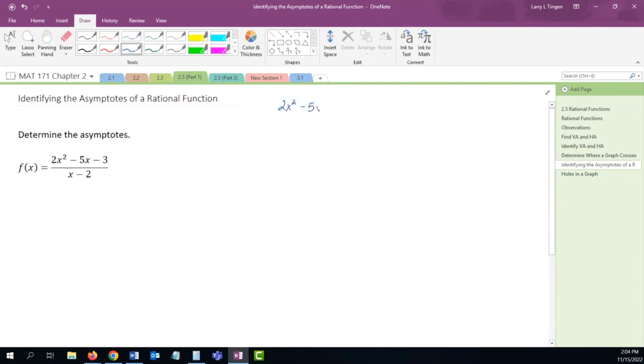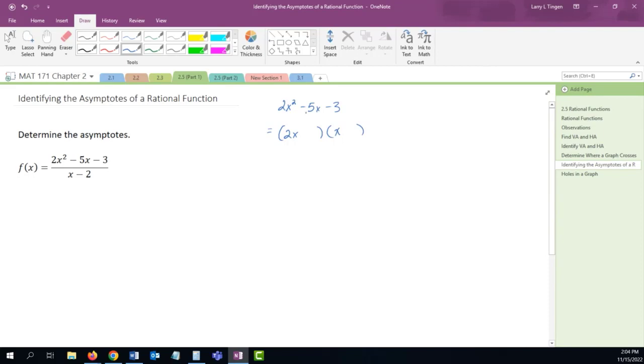2x squared minus 5x minus 3. We can do bottoms up, or I think we can do this one in our heads. 2x and x, and then I need to multiply to -3. So that's going to be -1 and 3, or -3 and 1. The tough part here is that middle coefficient b.